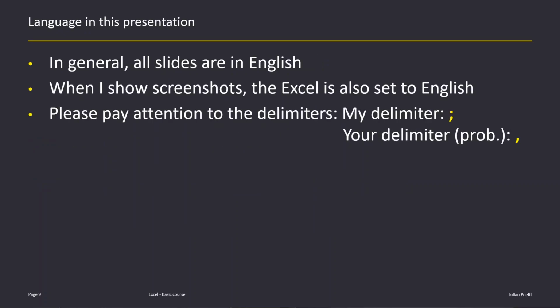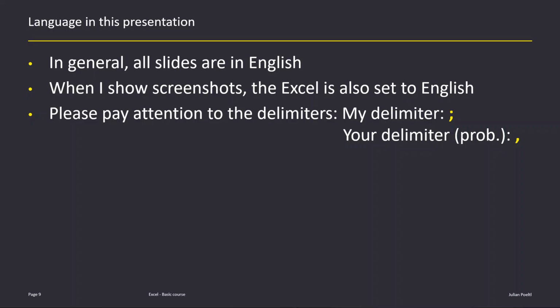I hope so. The language in this presentation: this presentation is in English. I will also talk in English, as good as I can talk in English. And my Excel is also set to English Excel formulas.